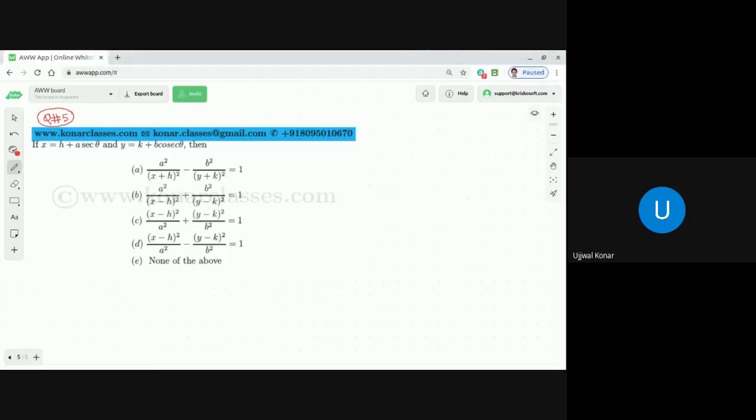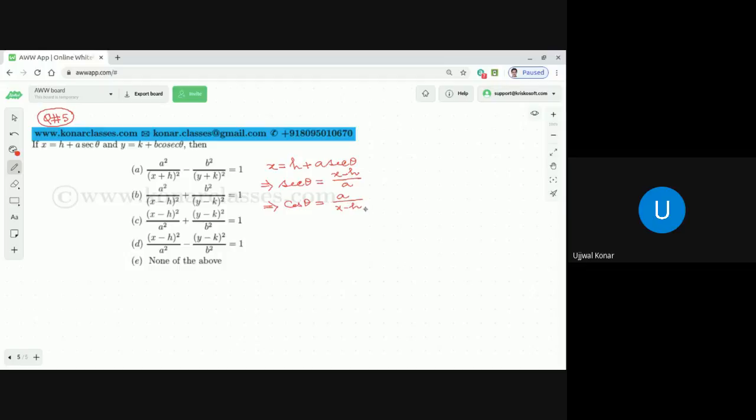So whenever you get this kind of question, as it is given that x is equal to h plus a sec theta, this implies sec theta is equal to x minus h by a. That implies cos theta is equal to a by x minus h.